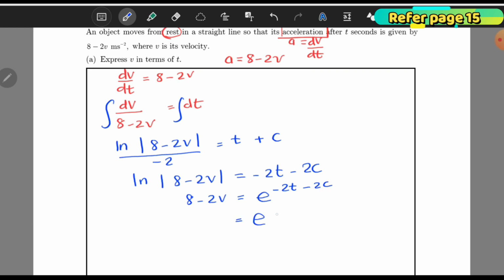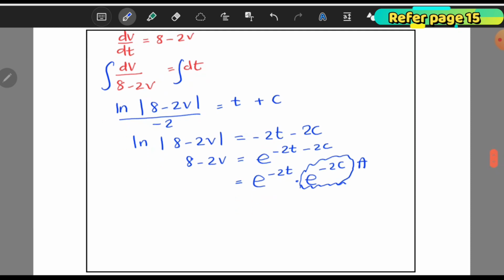As usual, we apply the rule of indices. So e to the negative 2t times e to the negative 2c. And this part, e to the negative 2c, is a constant and c is also constant. So we can write this part as A. So 8 minus 2v equal to A e to the negative 2t.